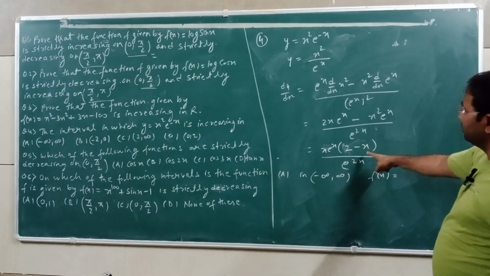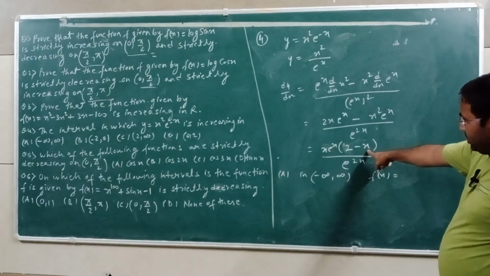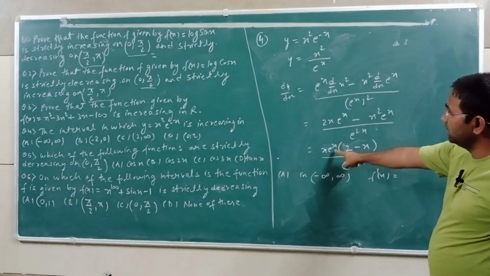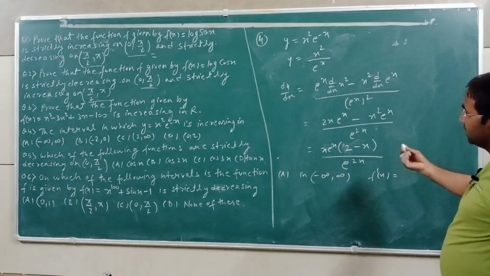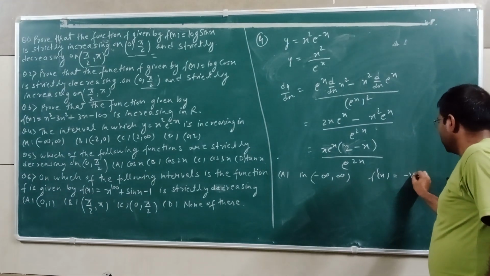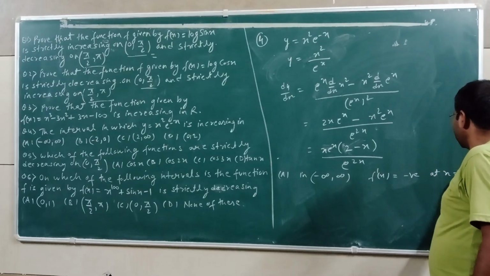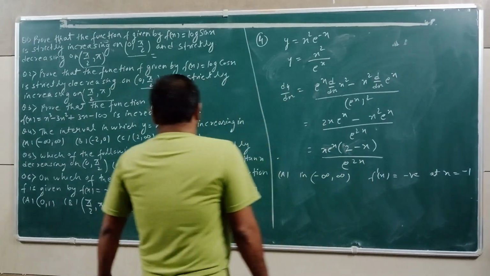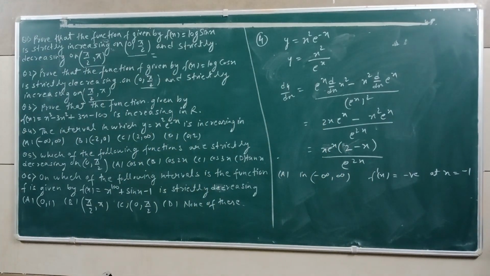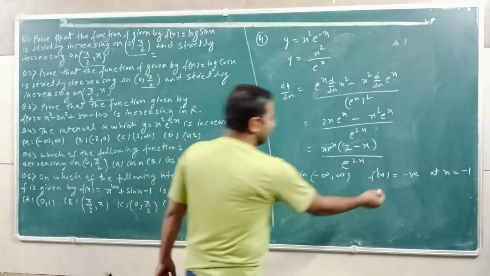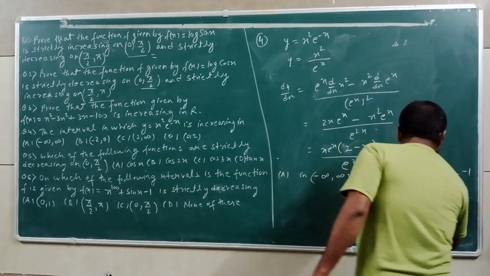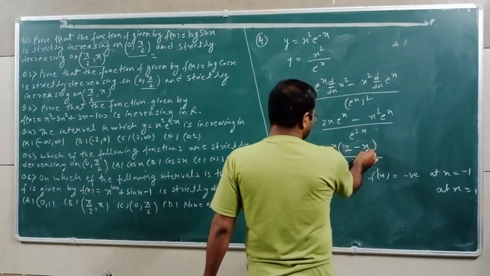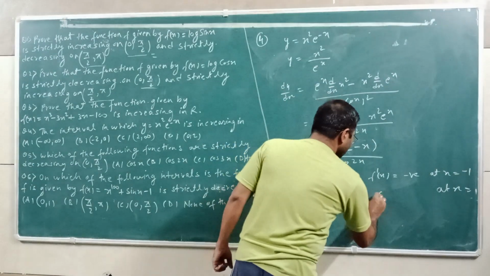Then you get a positive value from one factor and a minus from the other, so you will get a negative value at x equal to minus 1. Now if you take x equal to 1, then you will get a positive value.